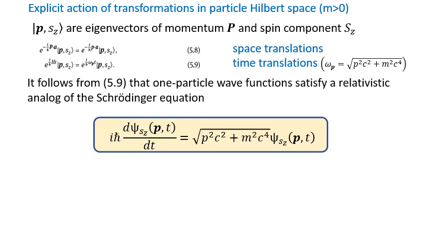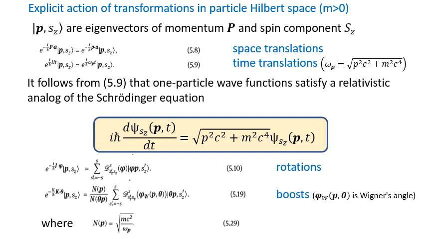By the way, it follows from the last equation that momentum space single particle wave functions satisfy the following analog of the Schrödinger equation. This equation is valid for any spin. The action of rotations involves unitary matrices D of the rotation group representations, acting on the spin component.